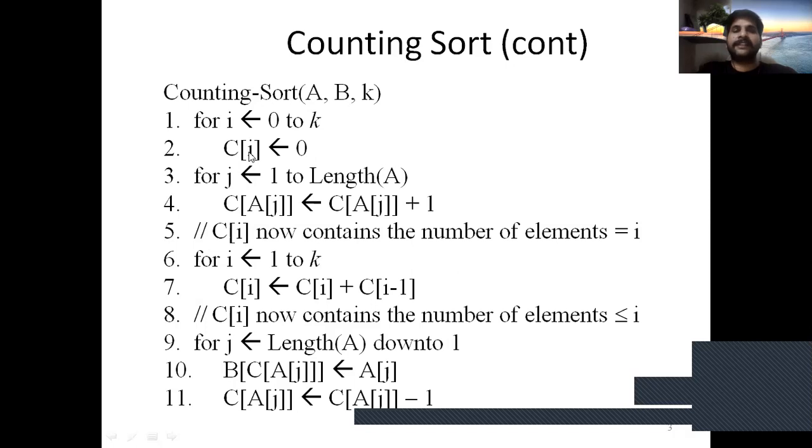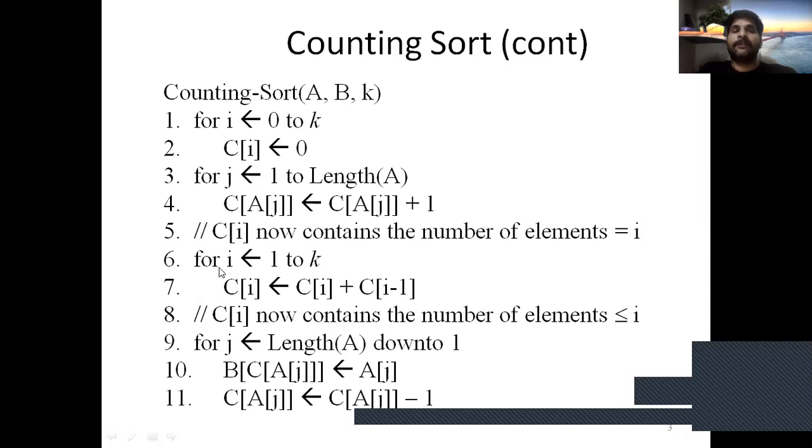After initialization of C, we run the for loop j from 1 to length of array A, and under this for loop C[A[j]] is updated to C[A[j]] plus 1.